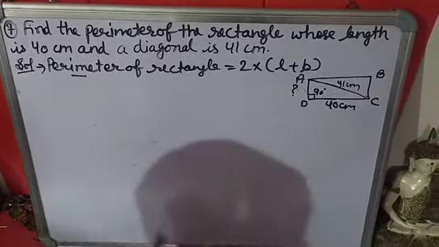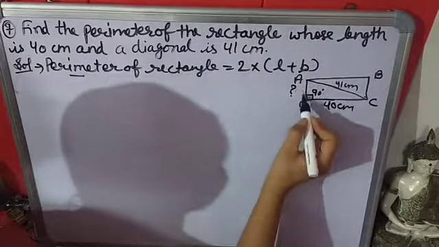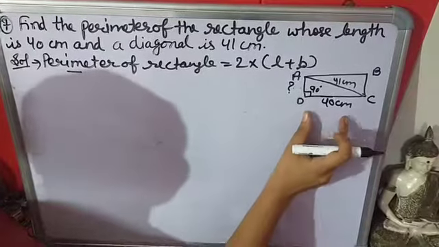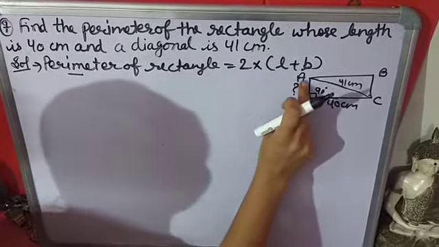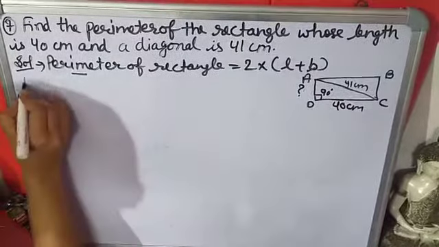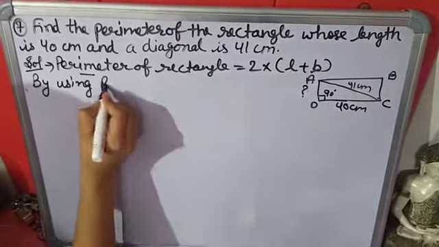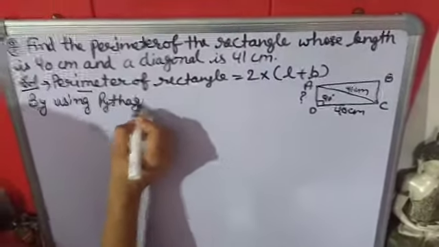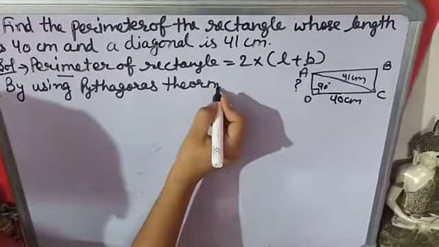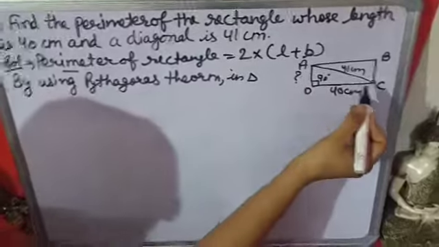So now this is a right triangle. Right? This is forming a right triangle. So we will use Pythagoras theorem here and we will find this perpendicular from here. You will write here by using Pythagoras theorem in triangle ABC.